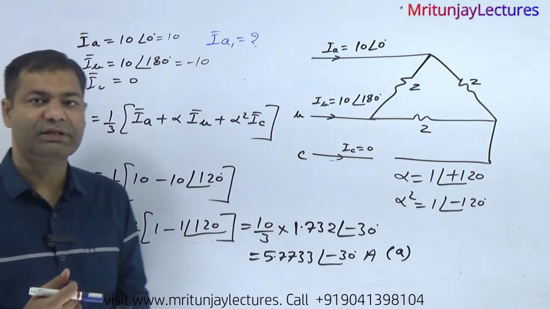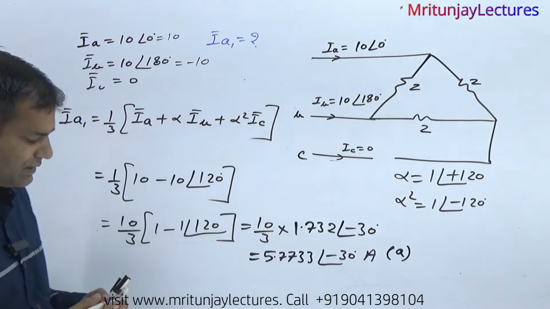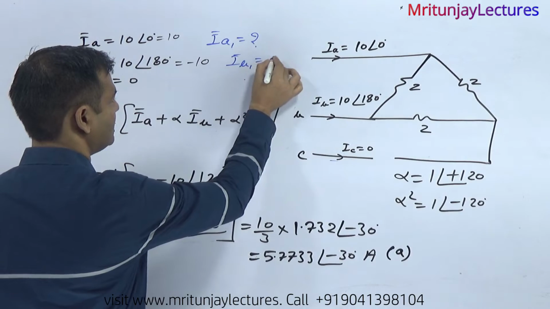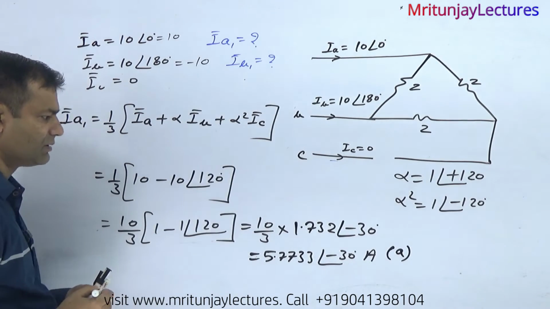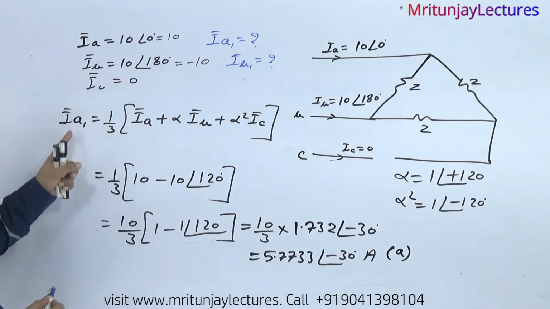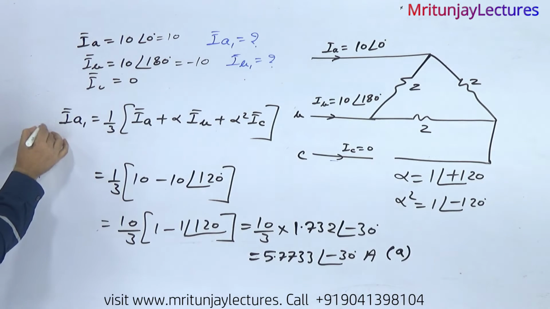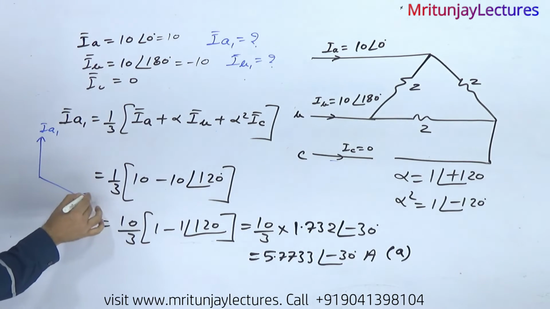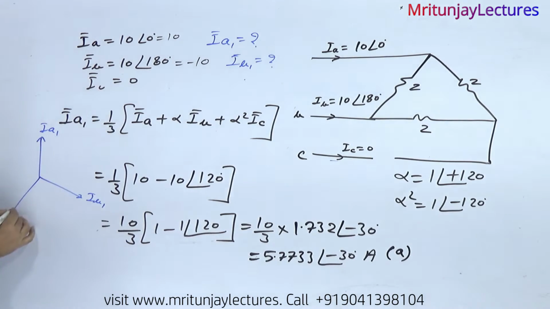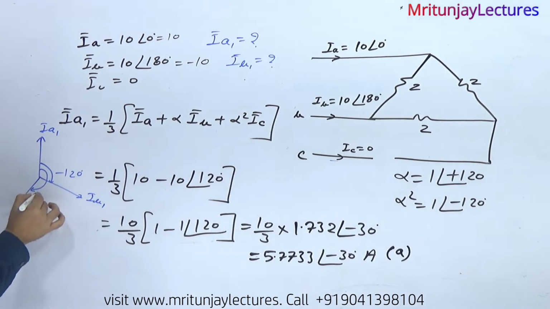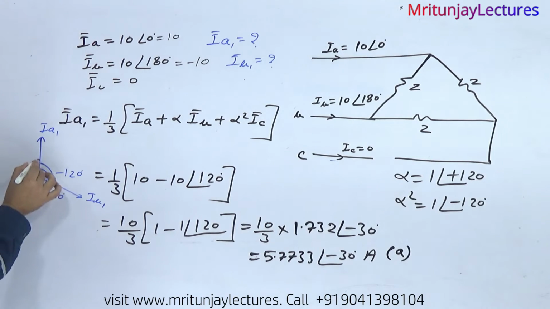to determine the positive sequence current in phase B, it means IB1. Clear? So how can we determine IB1? I know that if there is IA1, IB1 like this and IC1, that is minus 120 and here that is 240 and here that is 120.